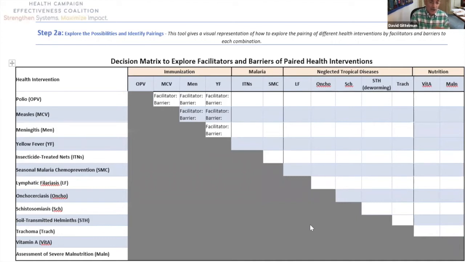And looking across, if for ITNs you want to explore, let's say, integration with yellow fever vaccination, depending on the timing and the season, or measles, or if there's an MDA for lymphatic filariasis, you'd be able to start creating within each cell a listing of what are the facilitators, what will work well in this combination of health campaigns, and what are the potential pitfalls, what are the barriers that would need to be addressed in order to make it happen.